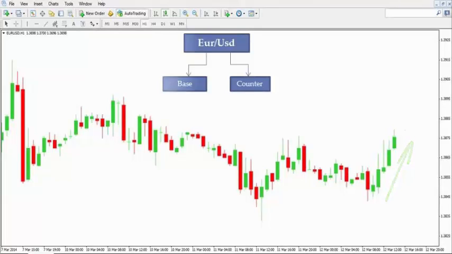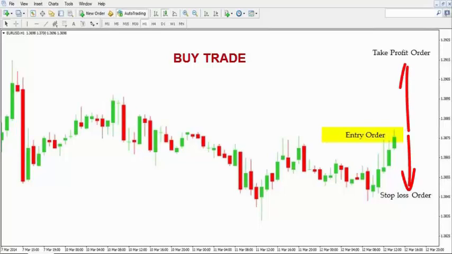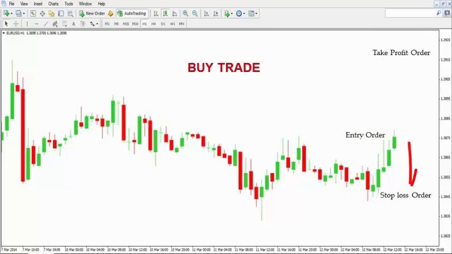It's important to know that when you enter a buy trade, your stop loss order will go below the entry order and your take profit order must go above the entry order. Take profit orders are the opposite of stop loss orders. For a buy trade, your stop loss order will go below the entry order at a pre-specified price level and your take profit order will go above the entry order.